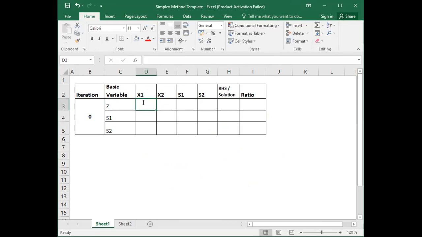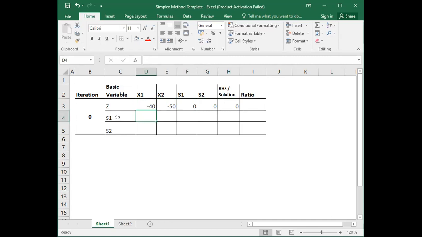Minus 40. Thank you. The X2 value is minus 50. S1 is 0 and S2 is 0. And we equated it to 0, so our right-hand side is also 0. Are we okay with that? So that is how you get the values for your 0 row.